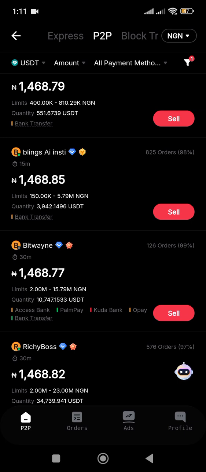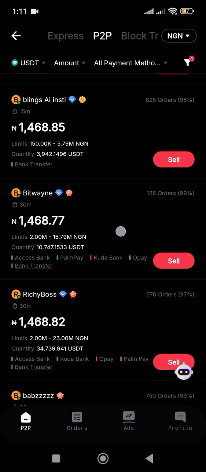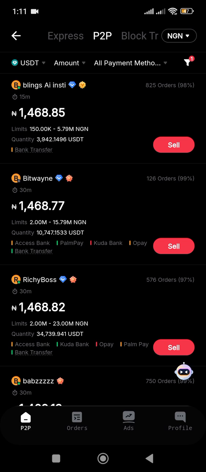Once you see the person you want to trade with, just click on the person's advert and read the person's terms and conditions. Very important before you proceed. When you proceed, the system will lock your own coin because you are the one selling this time around.